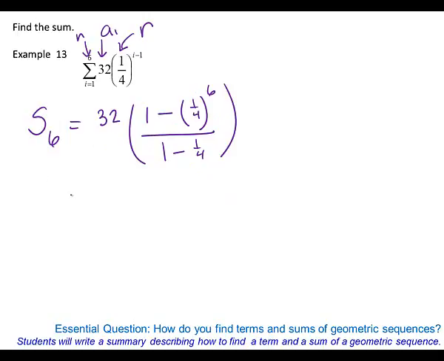I'm going to give you a minute. Don't call out the answer yet. Give everybody a chance to try to put it in. But try to type it exactly the way it looks right there. You will get a decimal point, or you might get a decimal. If you can get the fractional answer, great.